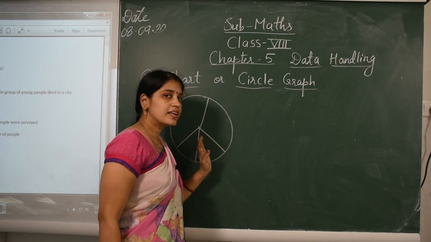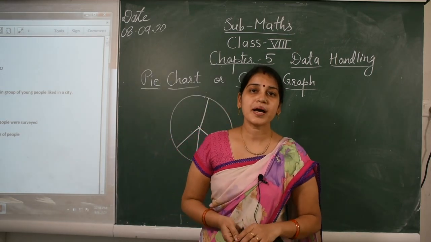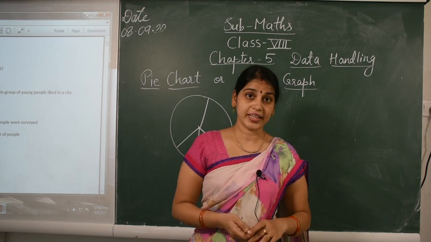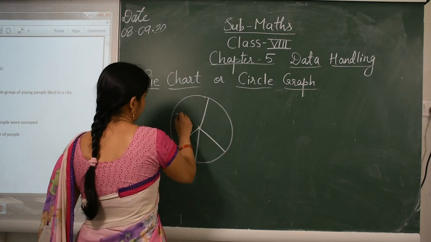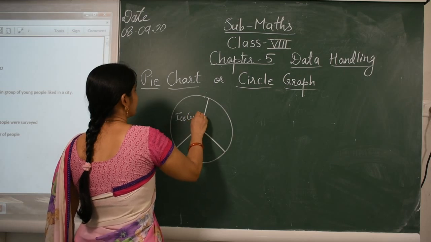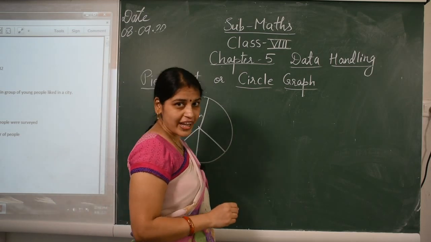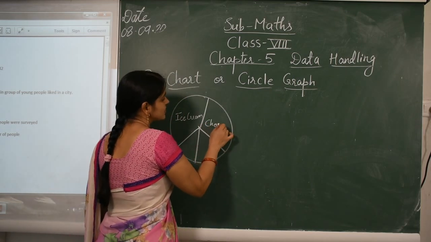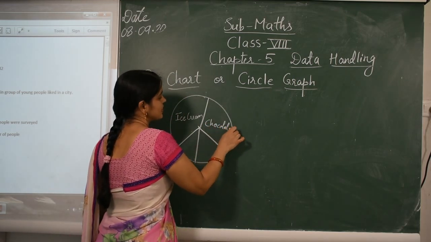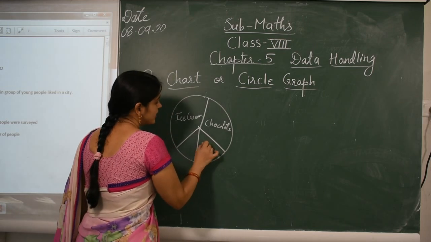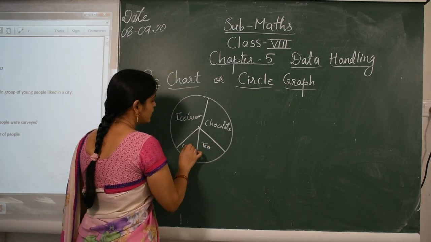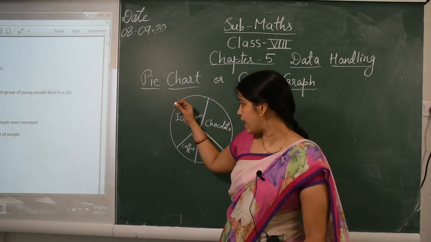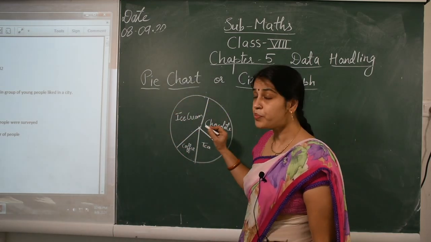Here let's take one example, like which type of thing children like to eat: ice cream, all of you like to eat ice cream, then chocolate, then tea and coffee. Here you have been given that graph, and here we make their portions.